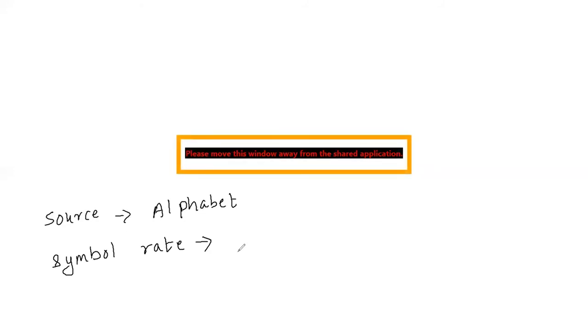So symbol rate, symbol is a group of some alphabets or group of binary bits. It can be anything. Okay. So these are the basic definitions we'll be using in all 6 chapters as we are moving with the syllabus.